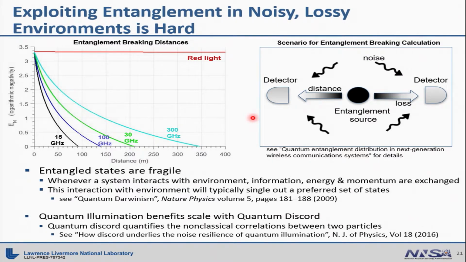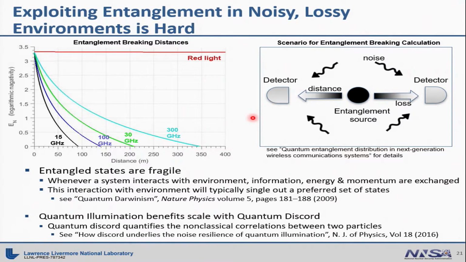Whenever these quantum states of light propagate through this environment, it's unavoidable to have some sort of interaction with the atmosphere or whatever the environment is. And even though this interaction may be very weak, each time this photon bumps up against an atom of some sort, there's going to be some sort of transfer of information, perhaps even energy or momentum. There's going to be some exchange with the environment.